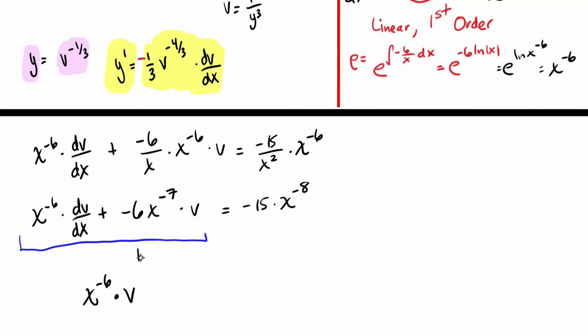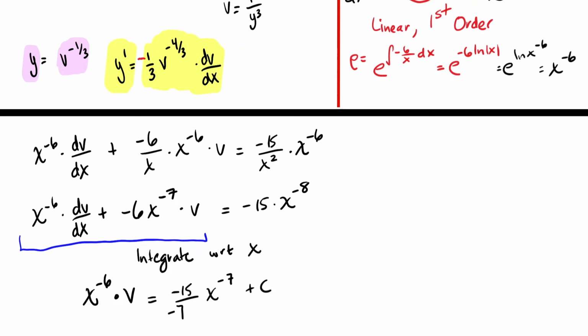So after we integrate both sides with respect to x, okay. And as we integrate the right side, this is just simply integrating a polynomial. You know, you add 1 to the power and divide by it, so we get negative 15 over negative 7, x to the negative 7th plus c.